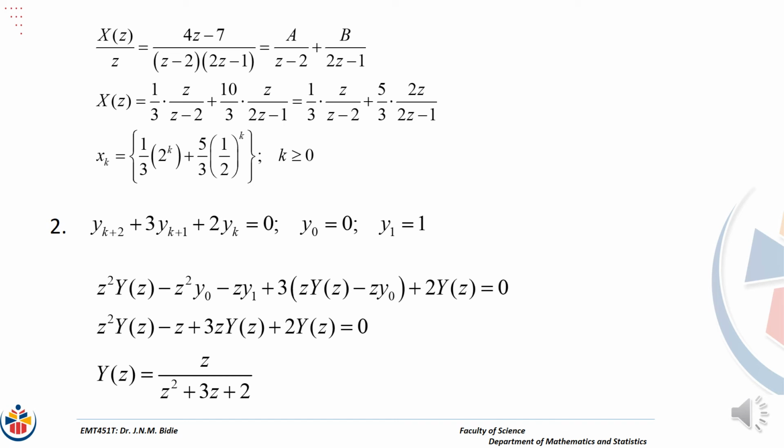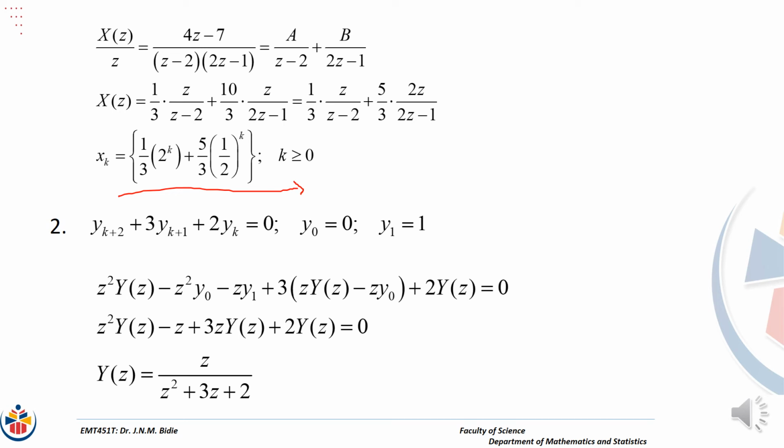I recognize that 10 is 5 times 2, so I split up 10 into 5 times 2 so that I have 2z there. So that the inverse Z transform of that term becomes half to the power k. Hence the formula, or the solution, is that one.